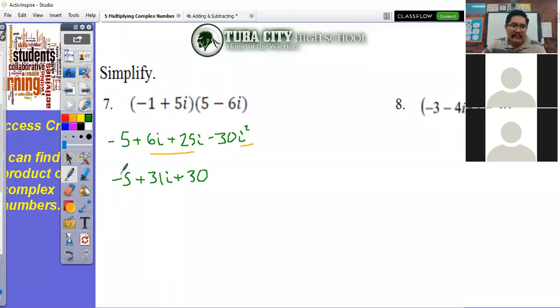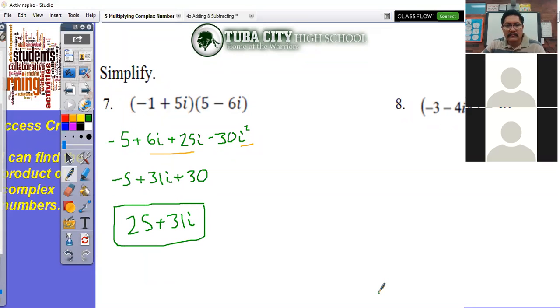And now I'm going to go negative 5 plus 30, which is 25, plus 31i, and now it's in the correct form. And that's it for that one.